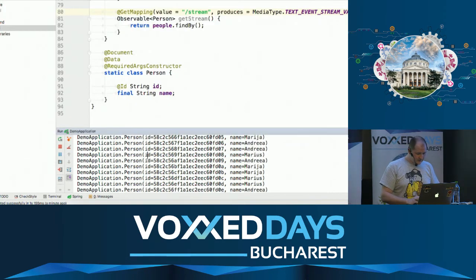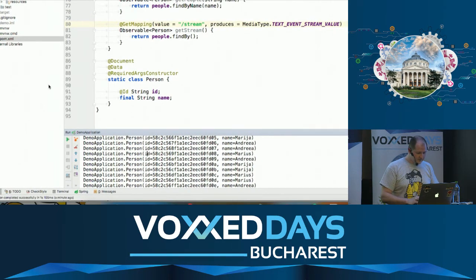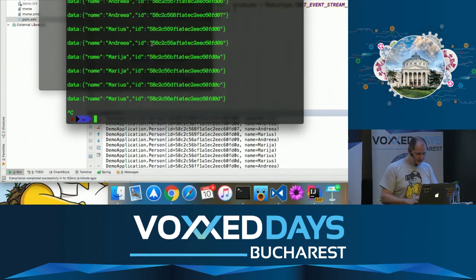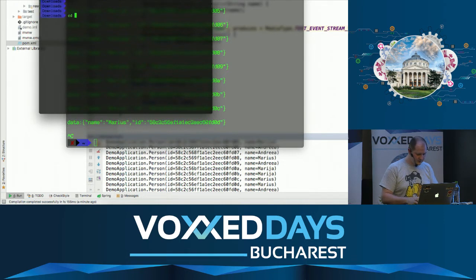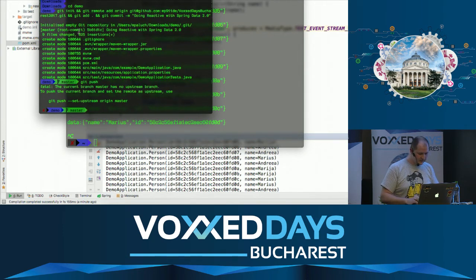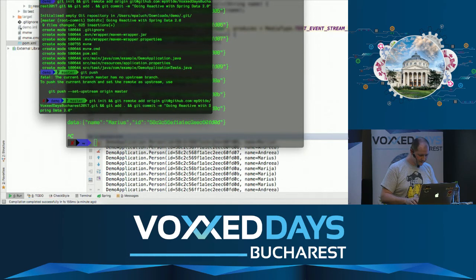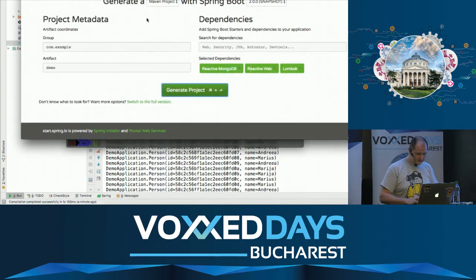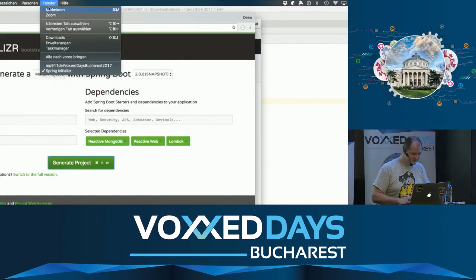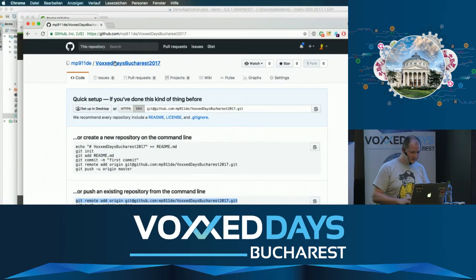So that was the quick demo session on live coding with reactive streams. I will push the code to GitHub. So let's simply do that. Git push. Oh crap! Please no. I will push it to the repository, which is named, yeah, bad preparation, here we go, MP911DE Vox Days Bucharest.